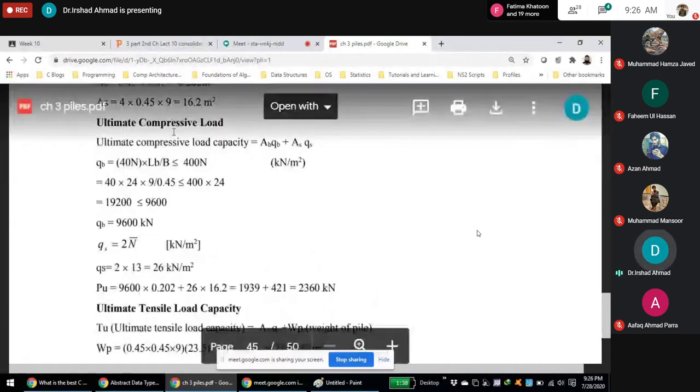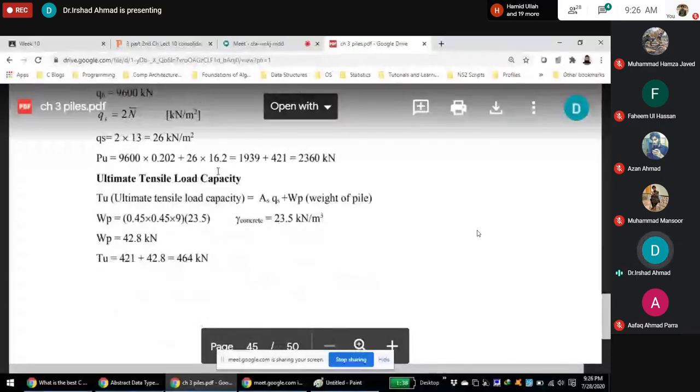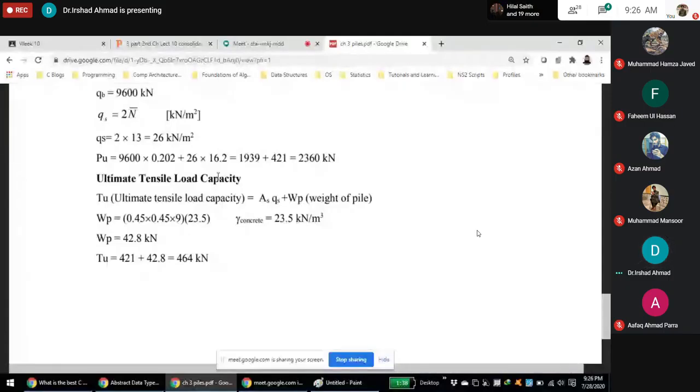If you are asked to find the ultimate tensile load capacity, remember that you will not use the end bearing resistance, because when you are pulling the pile up, only the skin friction resistance would be used.